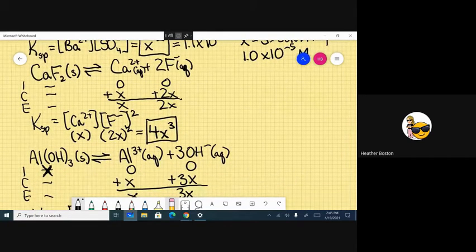Let's do calcium fluoride. So Ksp is a value we can look up, it's a constant. It's 3.9 times 10 to the minus 11. So to solve for x, I take 3.9 times 10 to the minus 11, divide it by 4, and then I take the cubed root.